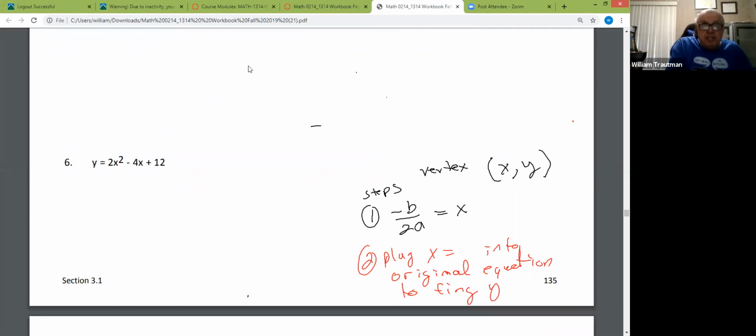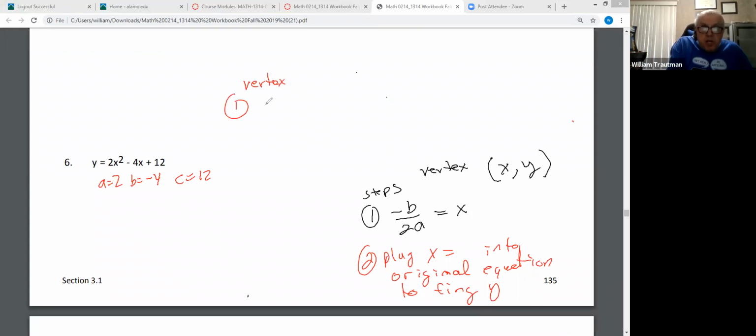So A, B, and C. A is the number in front of x squared, B is the number in front of x, and C is the number without the x. There's A, B, and C. So to find my vertex, step 1, negative b divided by 2 times a.